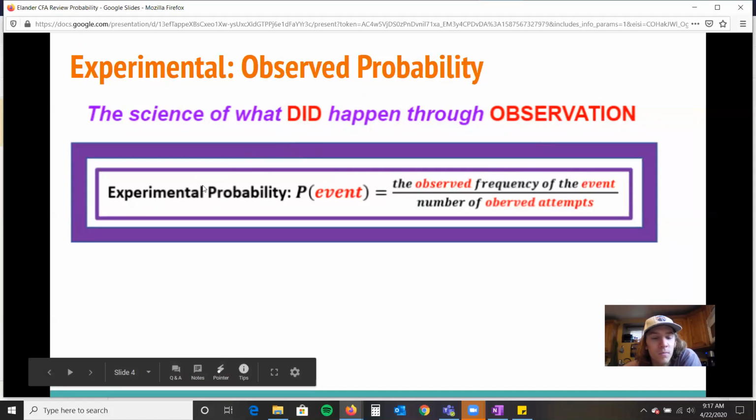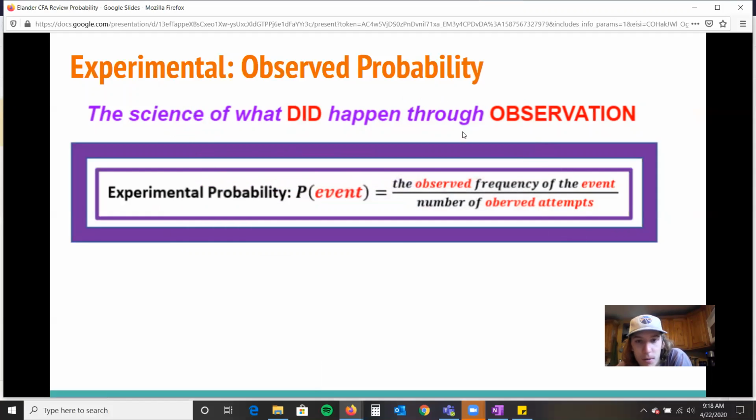Good. So moving forward from that, we then talked about experimental probability or observed probability. So this is the science of what did happen through observation. Experimental probability says the probability of an event happening equals the observed frequency of the event over the number of observed attempts.